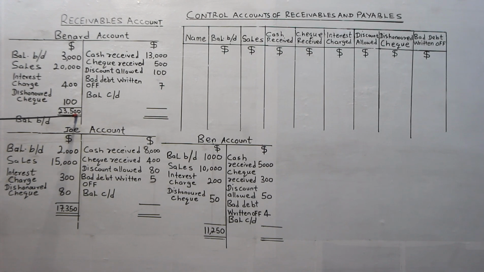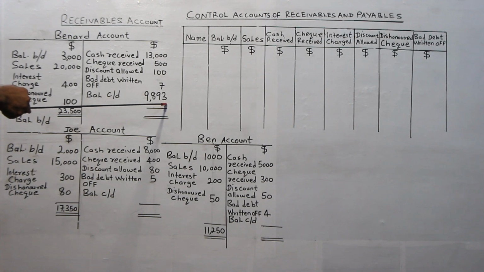Then if you deduct the amount that Bennett paid or the amount we received from Bennett directly or indirectly, which reduces what Bennett is owing, then we have 23,500 minus 13,000 minus 500 minus 100 minus 7. That gives us a closing balance. So we have a balance carried down of 9,893.